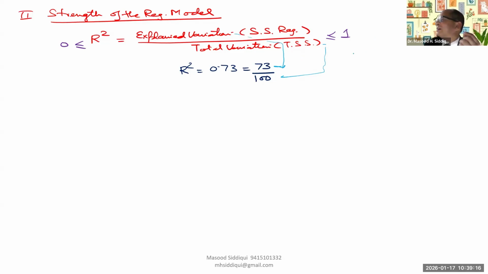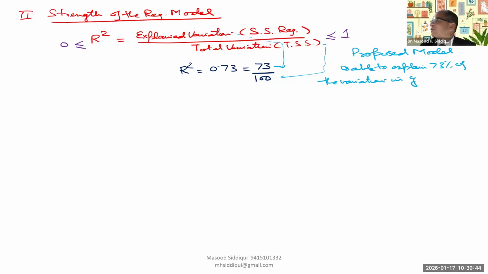So what we can say is that our proposed model, which consists of the 9 diaper attributes, is able to explain 73% of the variation in Y or overall preference. Y is the dependent variable.